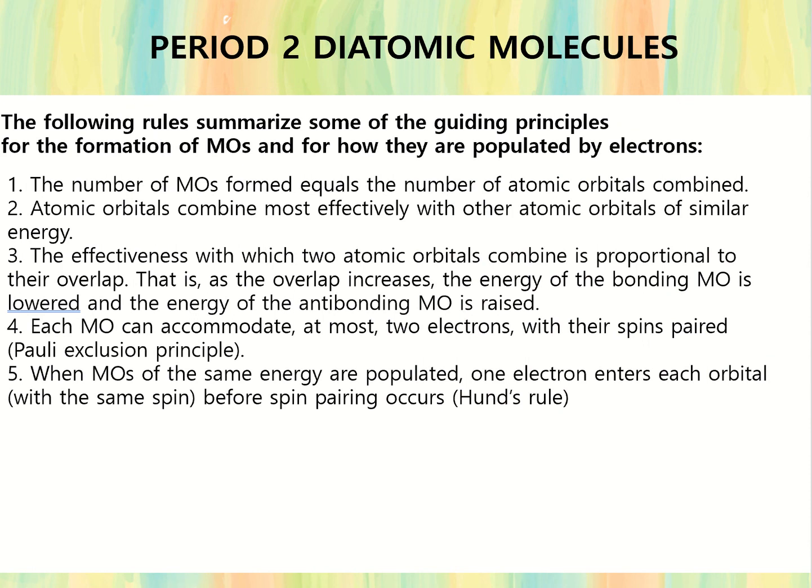And the fifth guiding principle is that when molecular orbitals of the same energy are populated, 1 electron enters each orbital with the same spin before spin pairing occurs. If you don't remember, you can look back at Hund's rule.